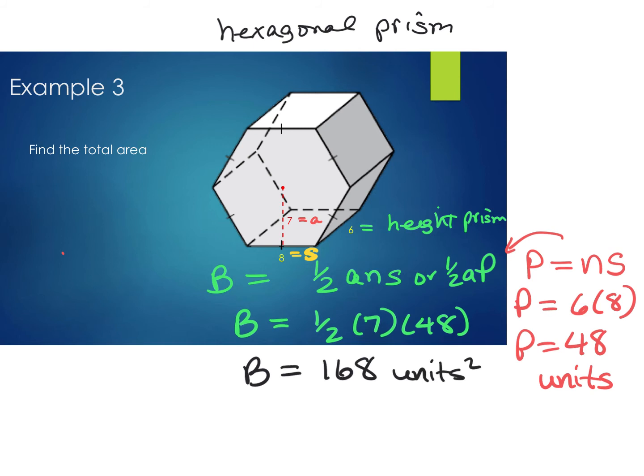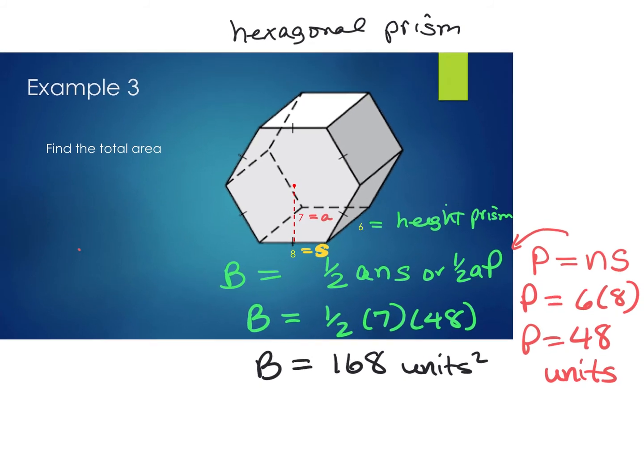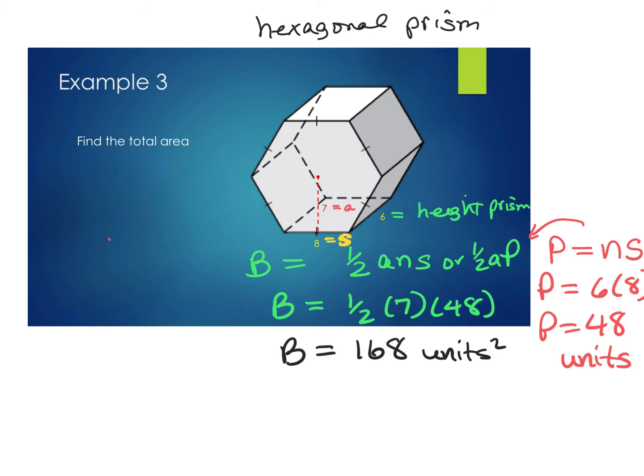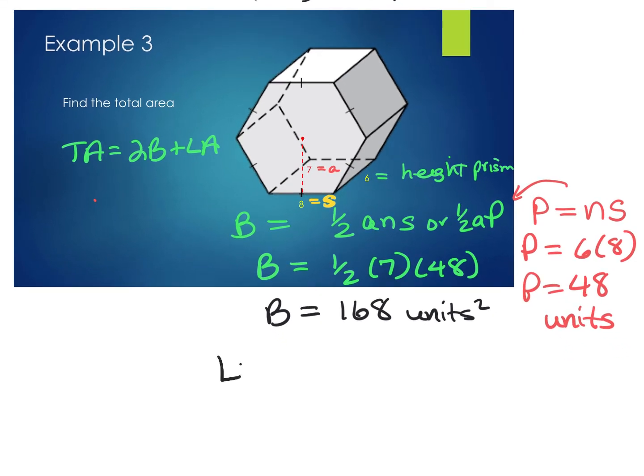Now, notice it didn't ask me for total area. But the reason why I did all of this first is, remember, your formula for total area is 2 times the base area plus lateral area. So now, remember, lateral area, I can go ahead and calculate down here.